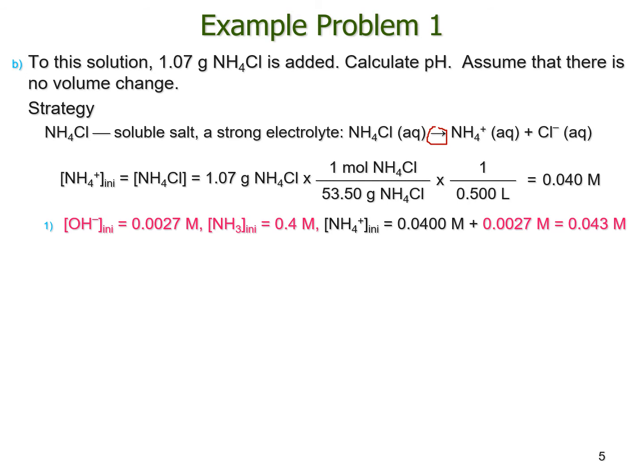It's no longer at equilibrium, so we can use the equilibrium concentrations from the old one as the initial concentrations for the other species like hydroxide and ammonia. But only this time, the concentration of ammonium, NH4 plus, has changed, because we introduced 0.040 molar into it. So it's going to be 0.043 molar instead of 0.0027 molar.